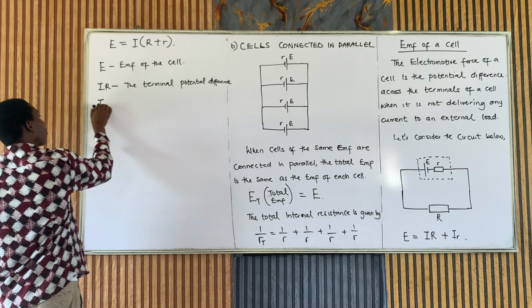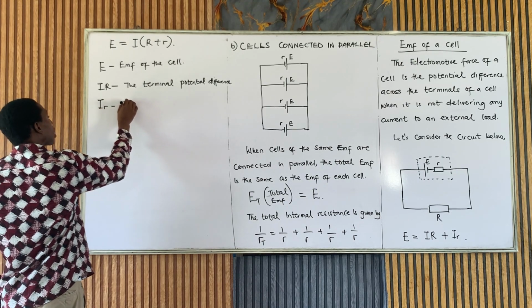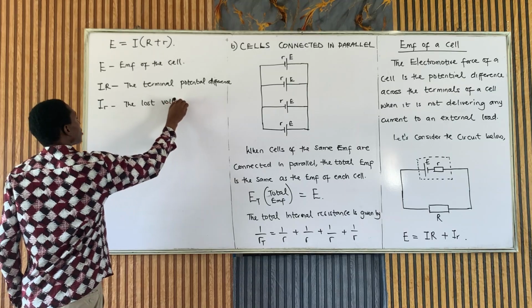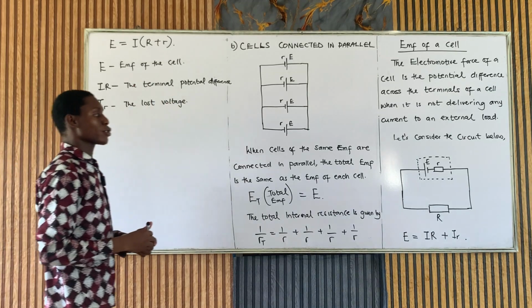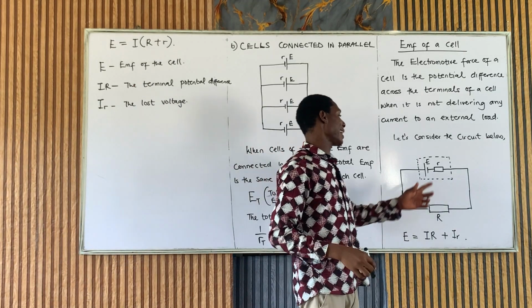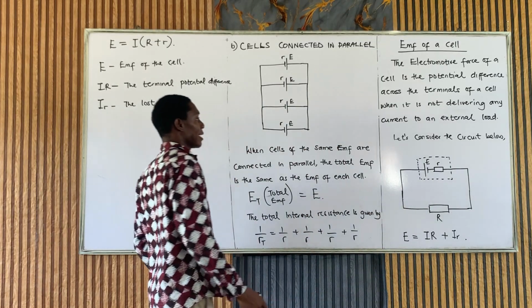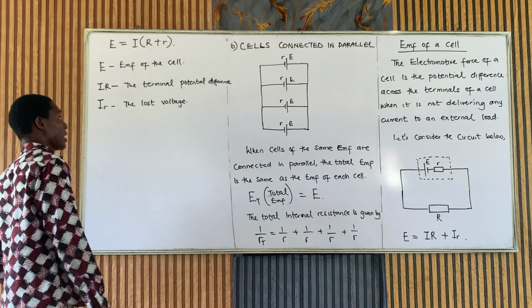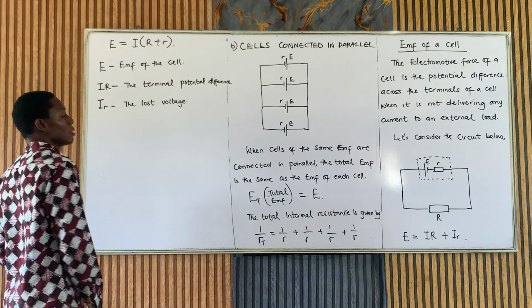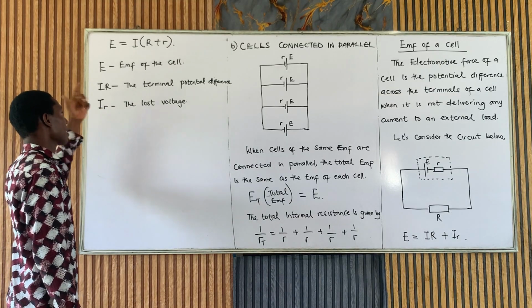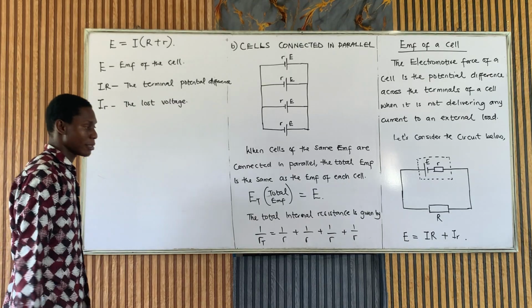Now, you see I small r gives us what we call the lost voltage. So that's the voltage drop across this internal resistor. So you can be asked to get maybe the lost voltage or the terminal PD. So take note that this is what lost voltage means, and this is what terminal potential difference means.